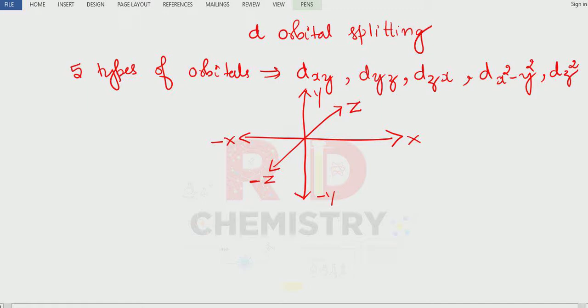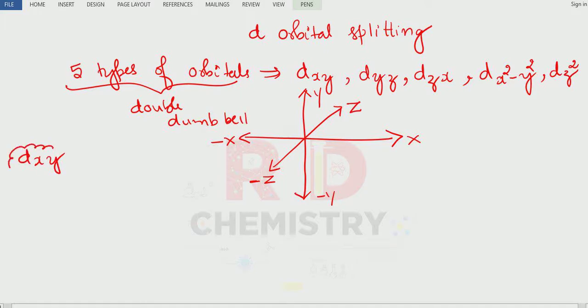So I'll draw the sketch of the shapes of these orbitals. What is the shape in general for d orbitals? This is the double dumbbell shape, correct? So let me draw the first one, dxy. When I say dxy, the third axis, z axis, is not there.